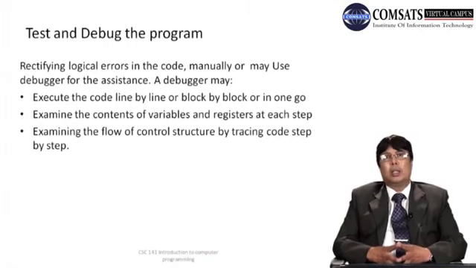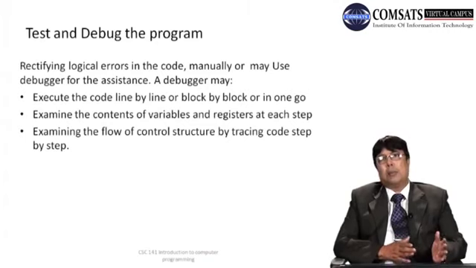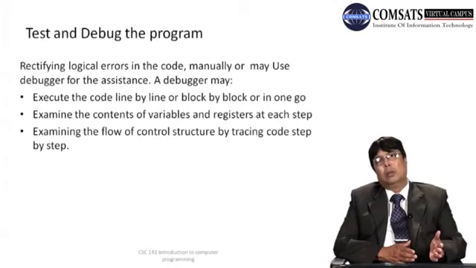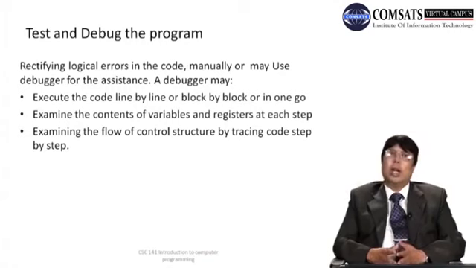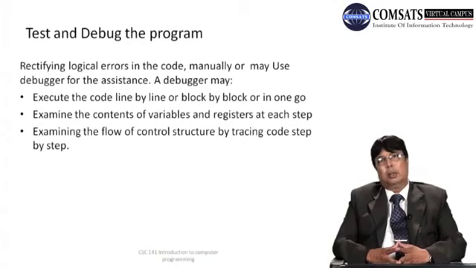Not only the contents, but you can also determine the flow of the program. I just talked about control structures, which determine which path you have to follow. Suppose you assume that your program will follow path A, but somehow, due to some error, the program flows through path B. This type of logical error can also be picked up with the help of the debugger.